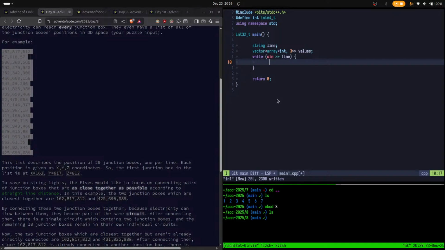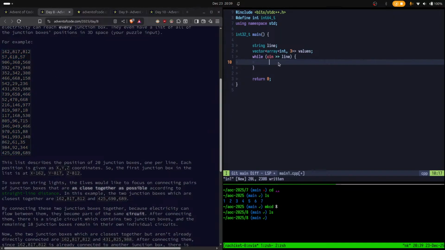I'll do this naively. Let's say for each character ch in the line, if this is a comma, then the number is constructed, and since I'm constructing dynamically, this should add a new coordinate, one of the xyz's.